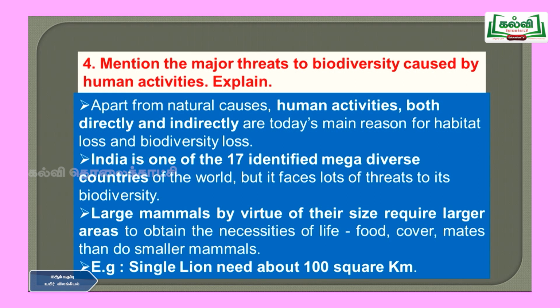Large animals, by virtue of their size, require a larger area to obtain the necessities of life, food, cover and mates, than do smaller animals. So larger animals need more food, more space and more mates than the smaller animals.